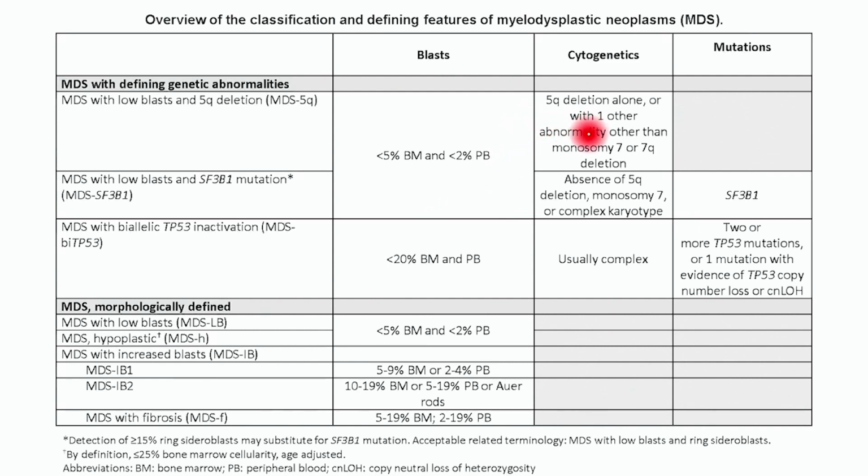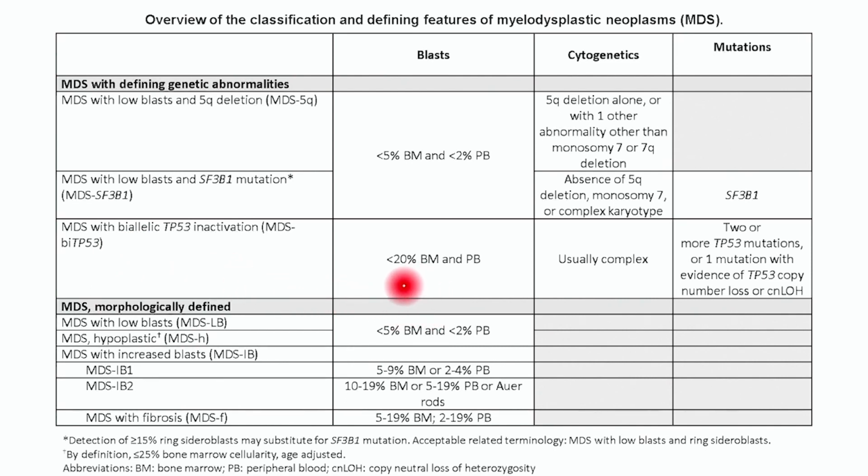Of course, we need to confirm the cytogenetic abnormality with 5q, or absence of 5q deletion and monosomy 7, and the presence of SF3B1. So if the patient has the 5q, it is superimposed by SF3B1, and both of them are superimposed by the presence of TP53, which is the third category, MDS with biallelic TP53 inactivation.